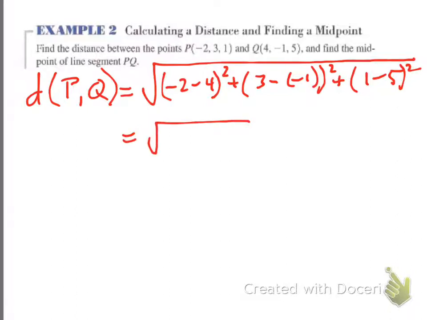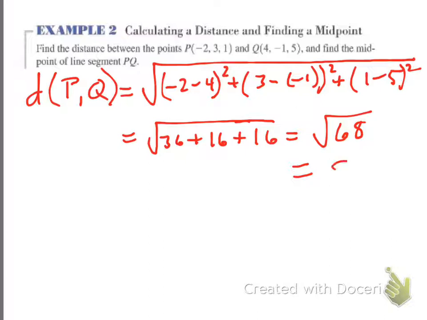So the square root of 36 plus 16 plus 16. That's the square root of 68. It doesn't really say how to leave it. If you took the square root of 68, you get 8.3, if you round it to the nearest tenth.